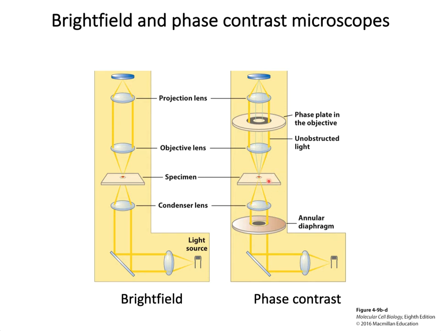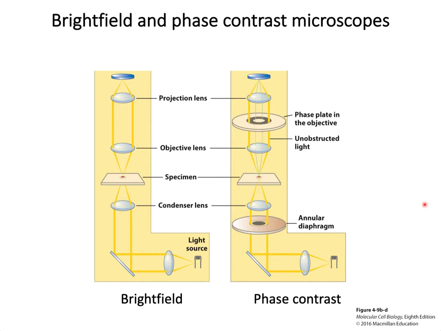Light passing unobstructed through the specimen is focused by the objective lens into the thicker gray ring of the phase plate, which absorbs some of the direct light and alters its phase by 1/4 of a wavelength.